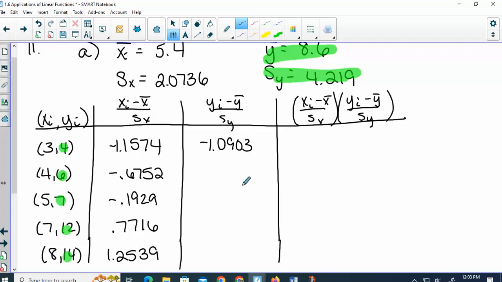Change, do second enter and change my y's. And then what do we do to get the final column? Multiply those two numbers together.